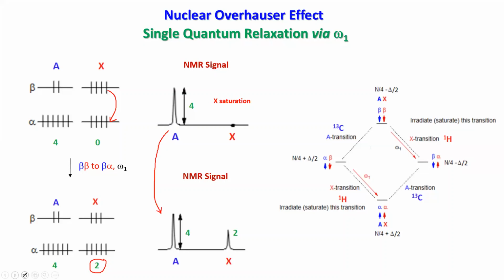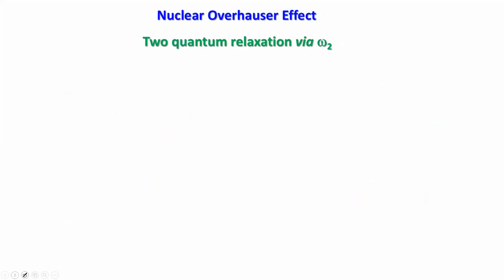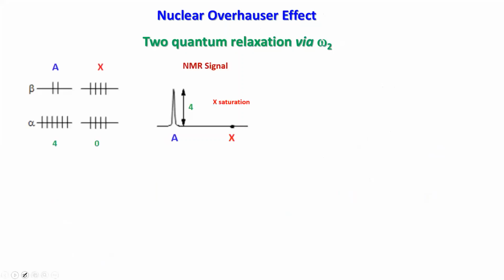Now let us consider the other route: two quantum relaxation via the omega 2 route. Your saturation is again the same.